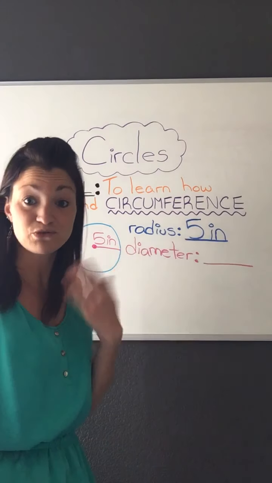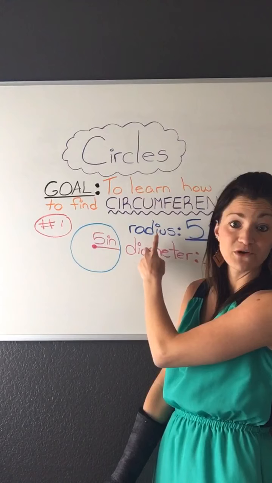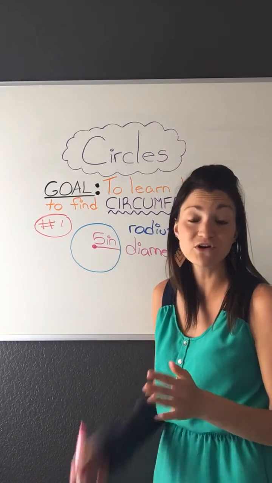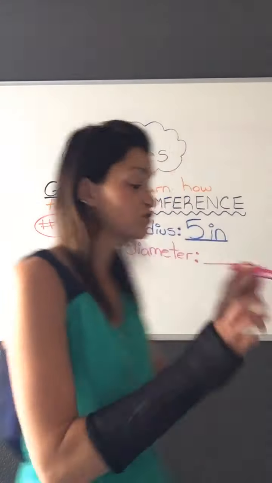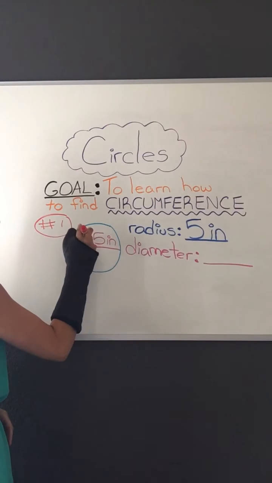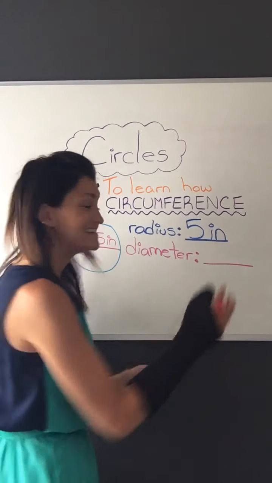You actually need to do the opposite in this situation. So the radius, we already determined, and I wrote it over here, is halfway through the circle, 5 inches. So diameter is the full length through the entire center of the circle. So then my diameter here, 5 plus another 5, would give me a diameter of, you got it, 10 inches.